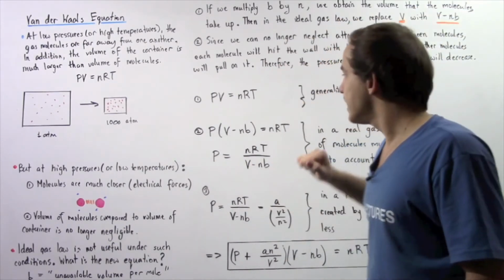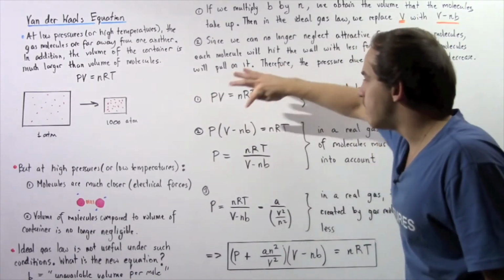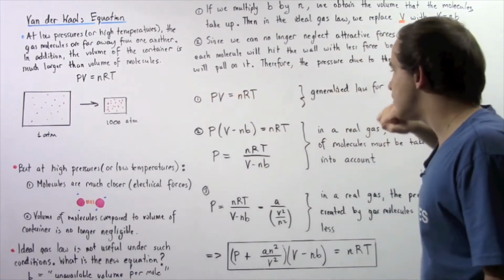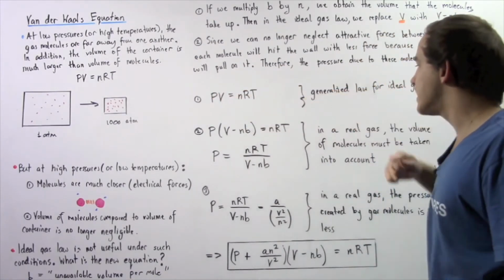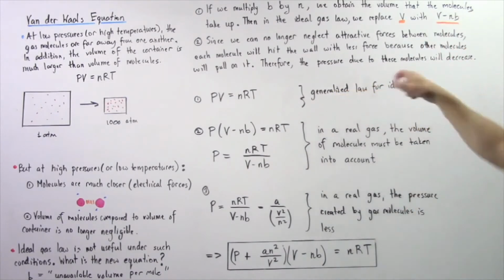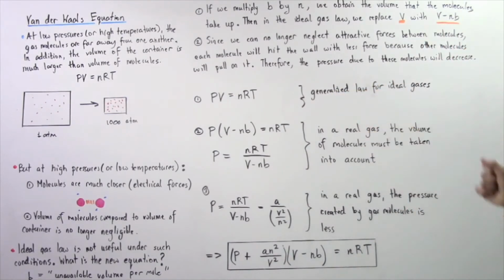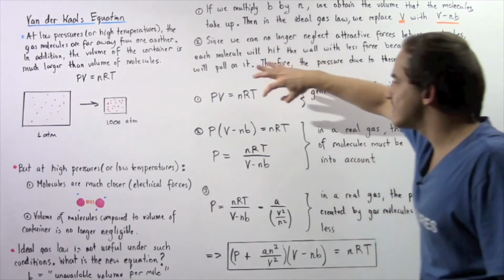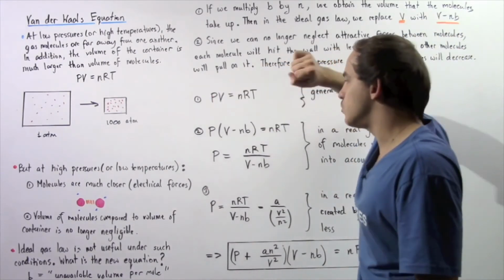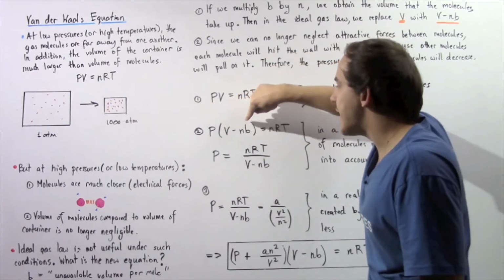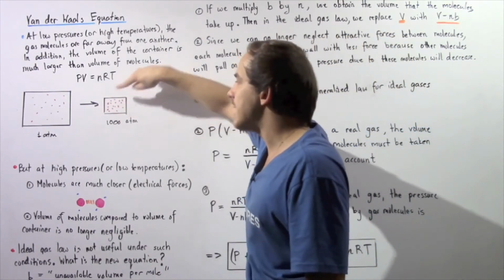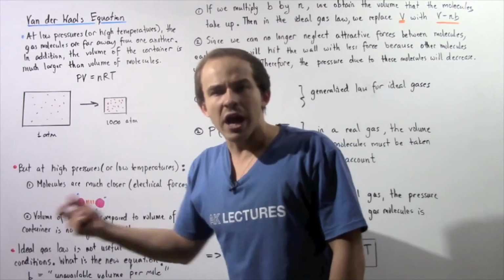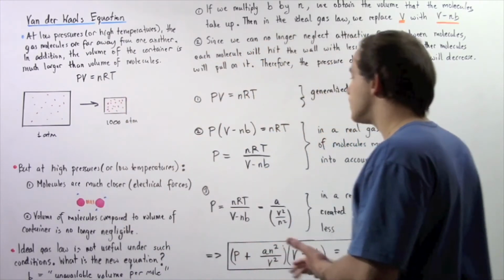So the pressure multiplied by V minus nb is equal to nRT. In a real gas, the volume of the molecules must be taken into account, and that's exactly where this comes into play. V minus nb is the volume of the empty space when we subtract the volume of the molecules.